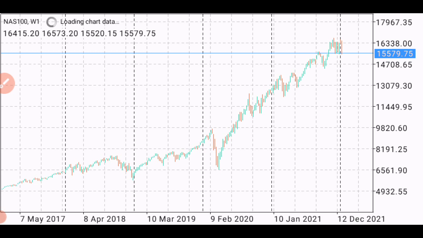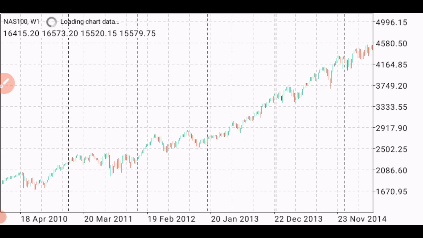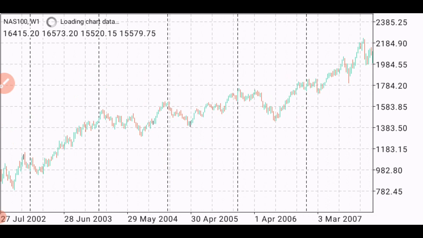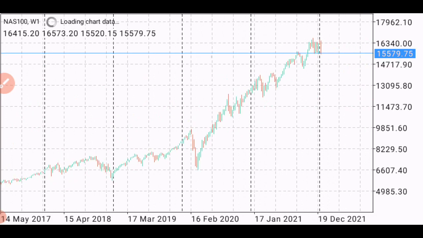Why are we doing this? To see the whole picture of the market. Like in Nasdaq now, I'm on the weekly chart. I can see the chart from 2002 to date, 2022.